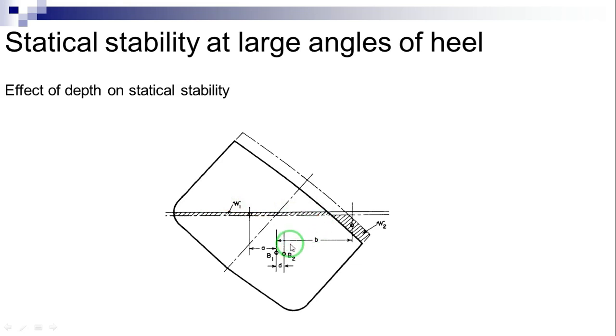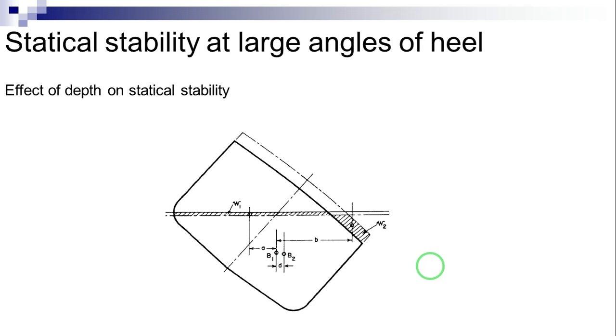This is due to the fact that increasing depth results not only in adding a structure such as shell, framing, and bulkheads between the two positions of the deck at some distance above the ship's center of gravity, but also in raising the entire superstructure and all items installed above the deck through a distance equal to the increase in depth.